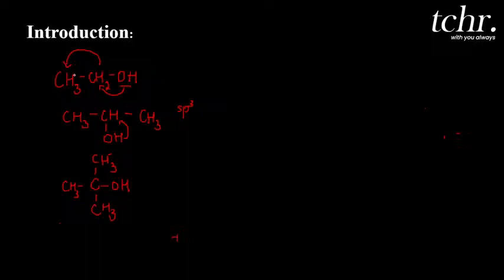It is further attached to only one alkyl group. Then this kind of alcohol we name as primary alcohol. So students, what is a primary alcohol? The functional group is attached to an sp3 hybridized carbon atom, which is further bonded to only one alkyl group. We can consider it as a primary alcohol.